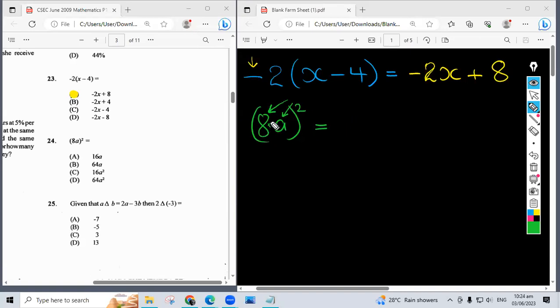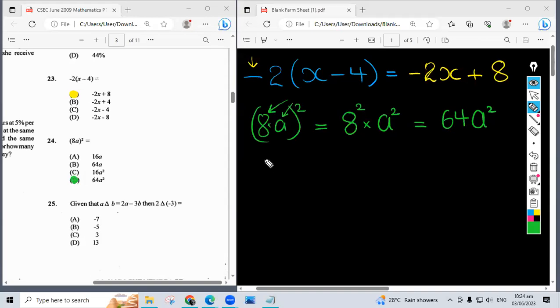But this only works for multiply or divide. It's perfectly okay to square the 8 separately and the a separately, because this squared belongs to both of them at the same time. 8 squared is 64, and a squared is just simply a squared. So the answer would have been D.